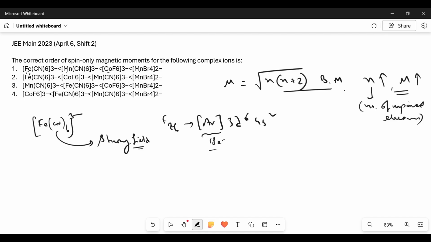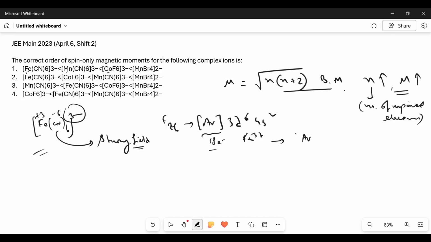Now here you have to first calculate the oxidation state of iron. CN is basically CN minus, so 6 of CN minus is 6 minus, so iron is plus 3. Minus 6 plus 3 means 3 minus. Okay. So overall charge is 3 minus.